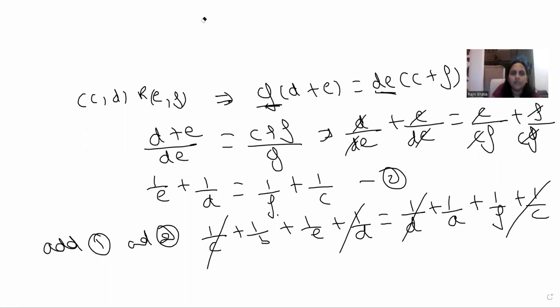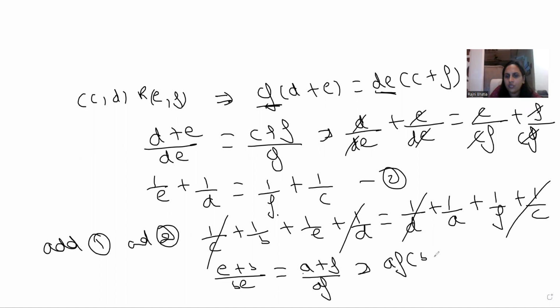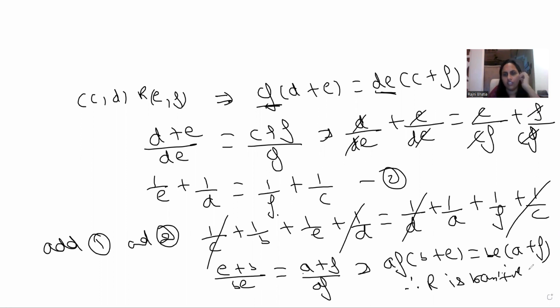So we'll take the LCM. E plus B upon BE is equal to A plus F upon AF. Cross multiply. AF into B plus E is BE into A plus F, and this is what I need to prove. And therefore, we can say that the relation R is transitive, and hence our given relation is equivalence relation.